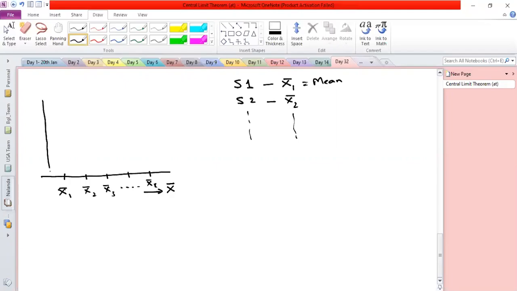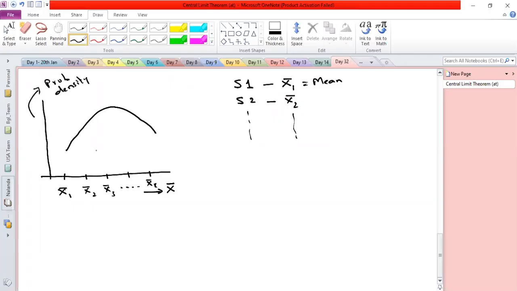Looking at this, on my y-axis I am going to plot my probability density function. When I make this probability density function, the graph is going to be symmetric, like a bell curve.